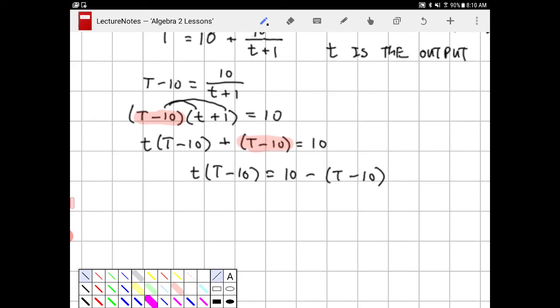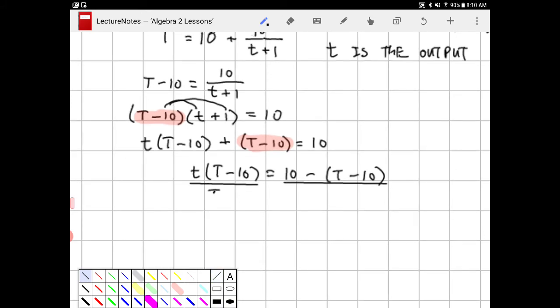My second to last step is to divide by capital T minus 10.